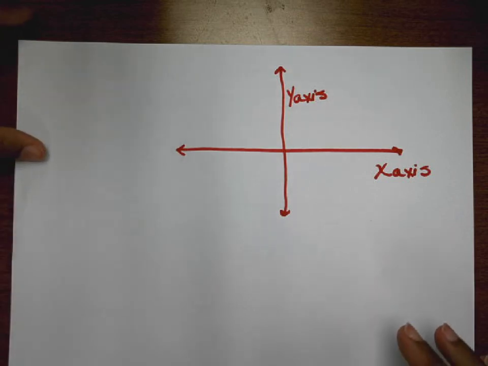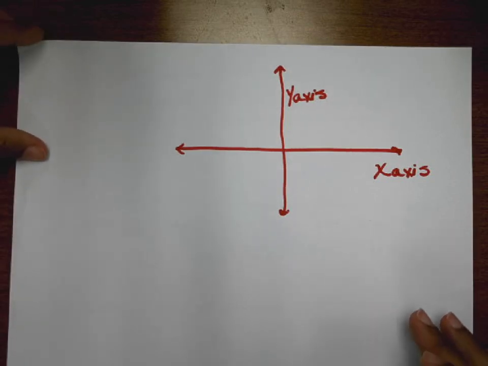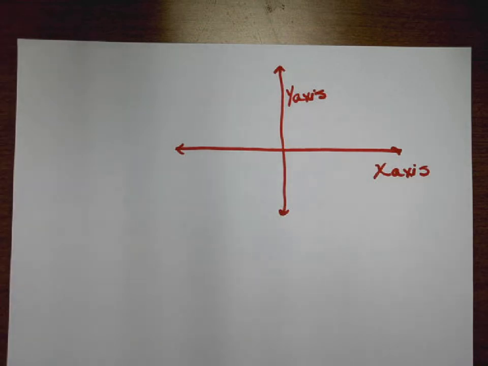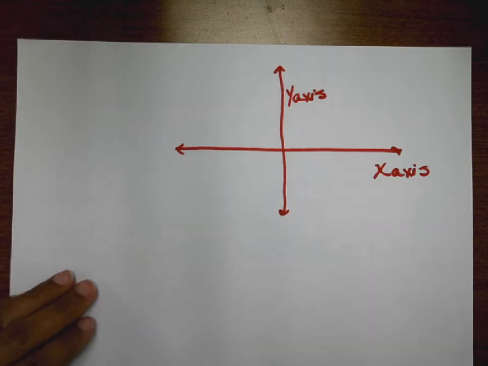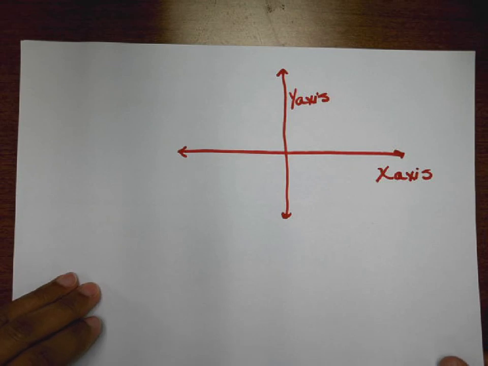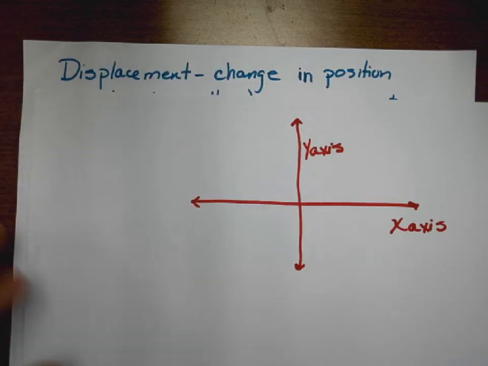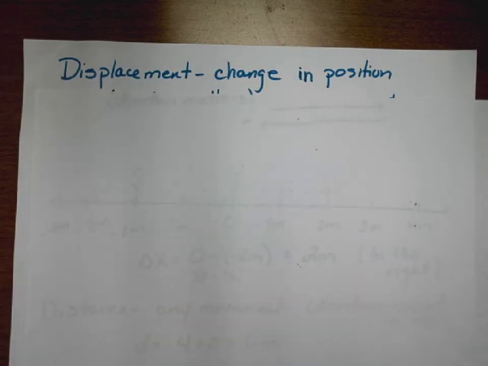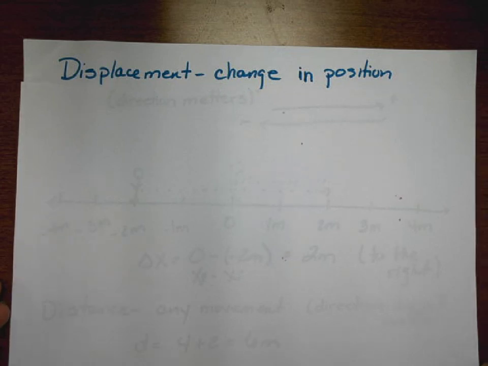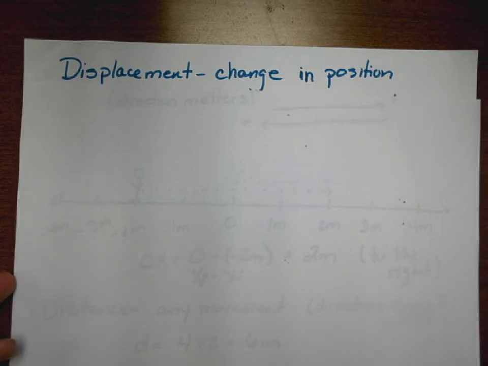Before we talk about velocity, I want to talk about the difference between distance and displacement. You have to know the difference. So the first thing I want to talk to you about is what displacement is. Displacement is defined as a change in position. That means I have to pay attention to the direction that an object is moving.